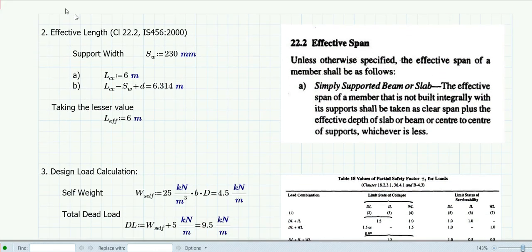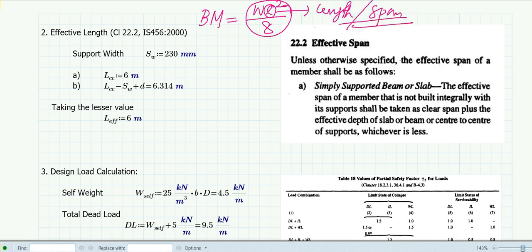Now if you remember, what is the equation for moment? To find out the bending moment, the equation for a simply supported beam is WL square by 8, right? WL square by 8. So what is L? L is the length or the span.